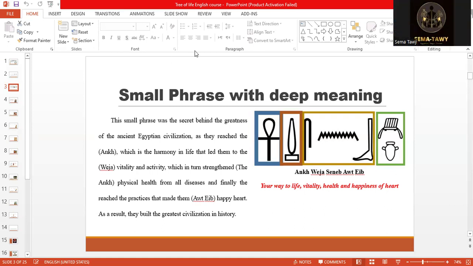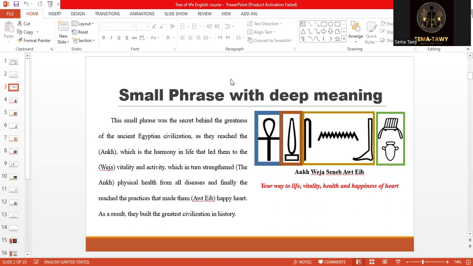Why? Ankh, the key of life, which means harmony in life, is the first path of life, the way to make harmony in life.